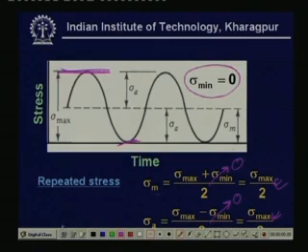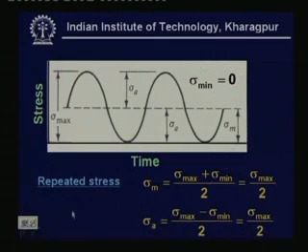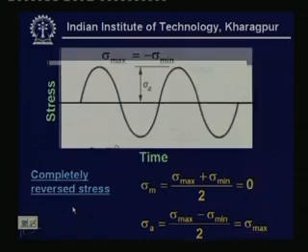Another situation which is very commonly used is the completely reversed stress.